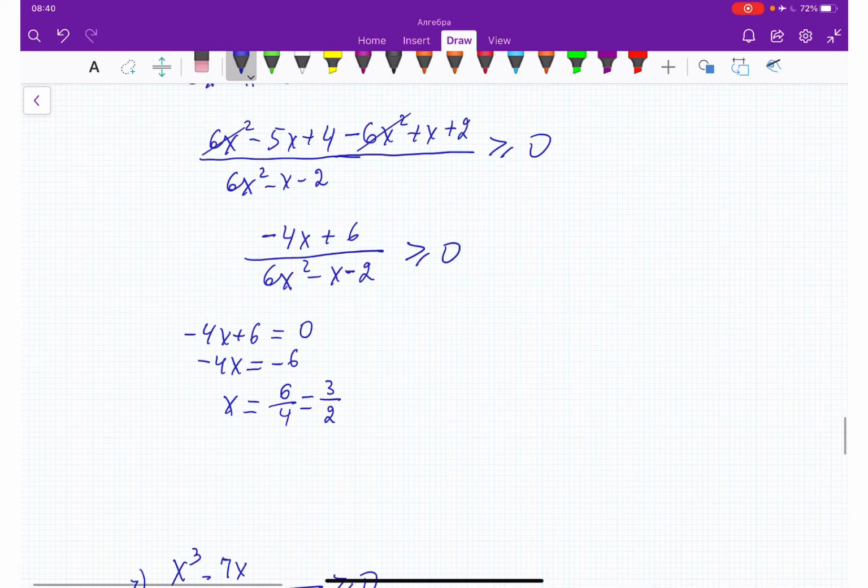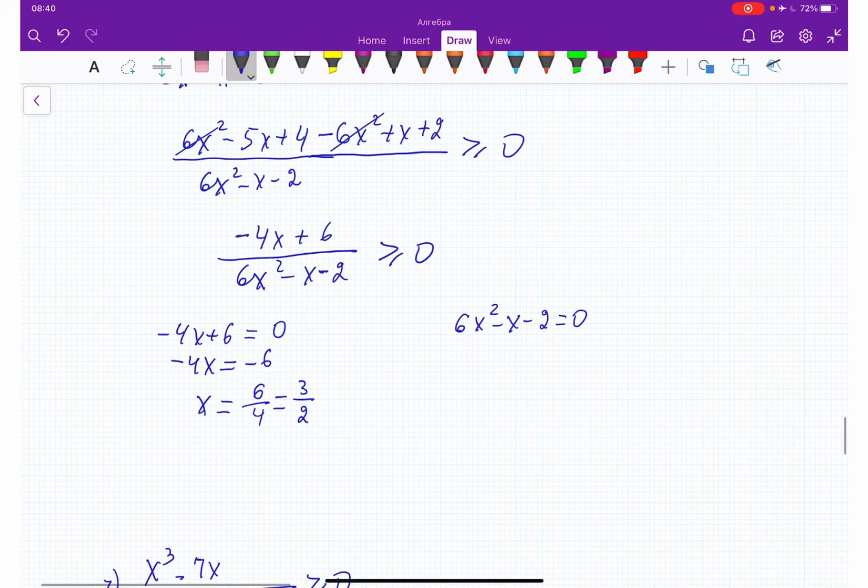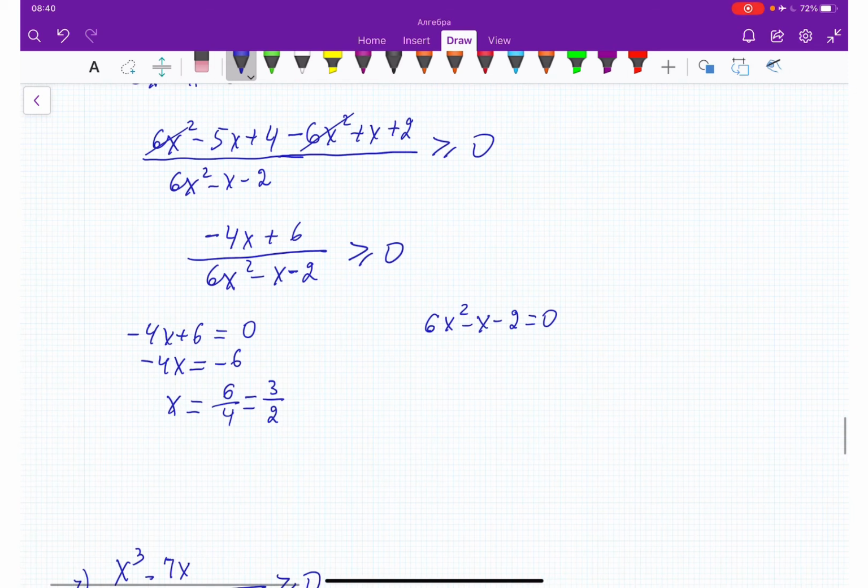6x squared minus x minus 2 is equal 0. So this one, I'm going to solve it because this one I cannot break it down.